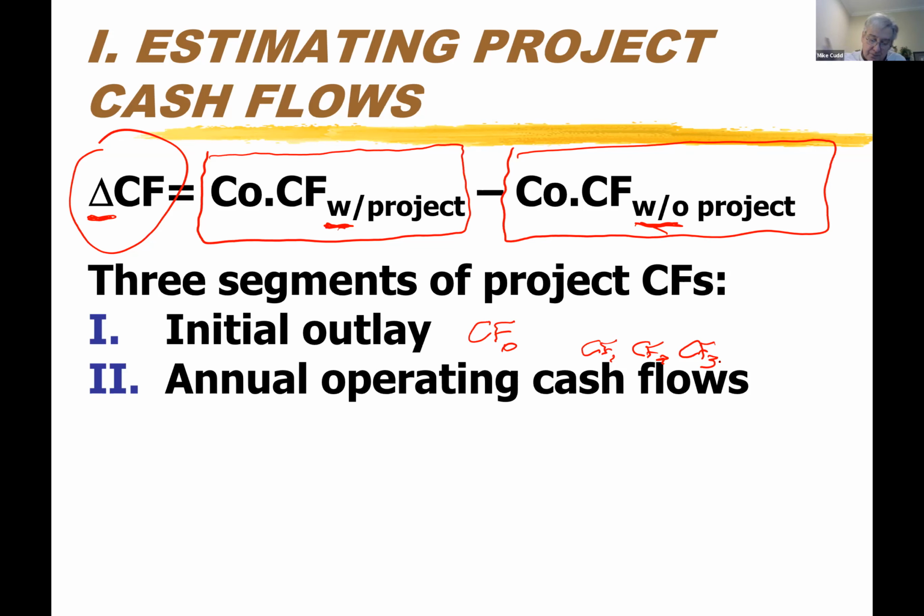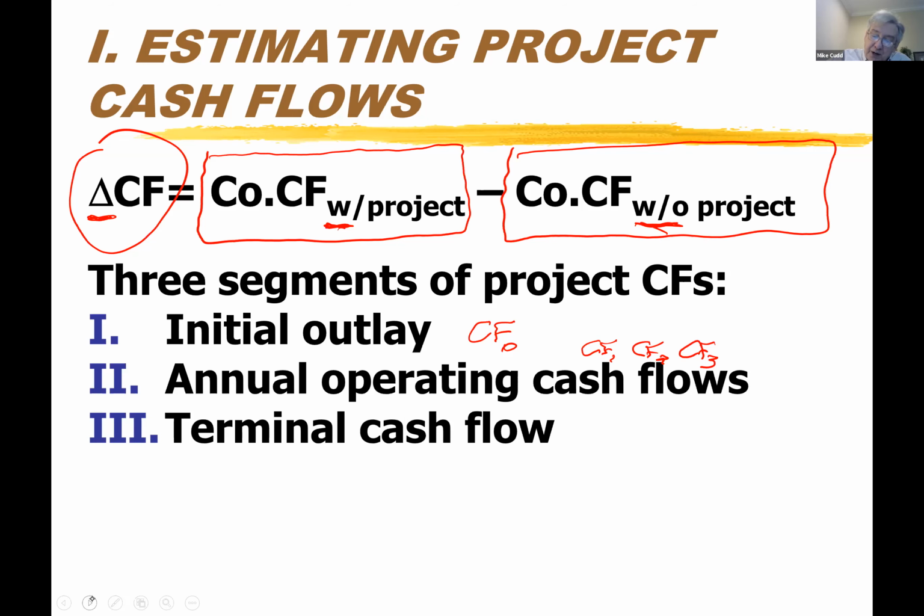And finally, when we shut down the project, that would be our extra cash flow in that final year. If it were a 3-year project, that would be the cash flow in year 3.